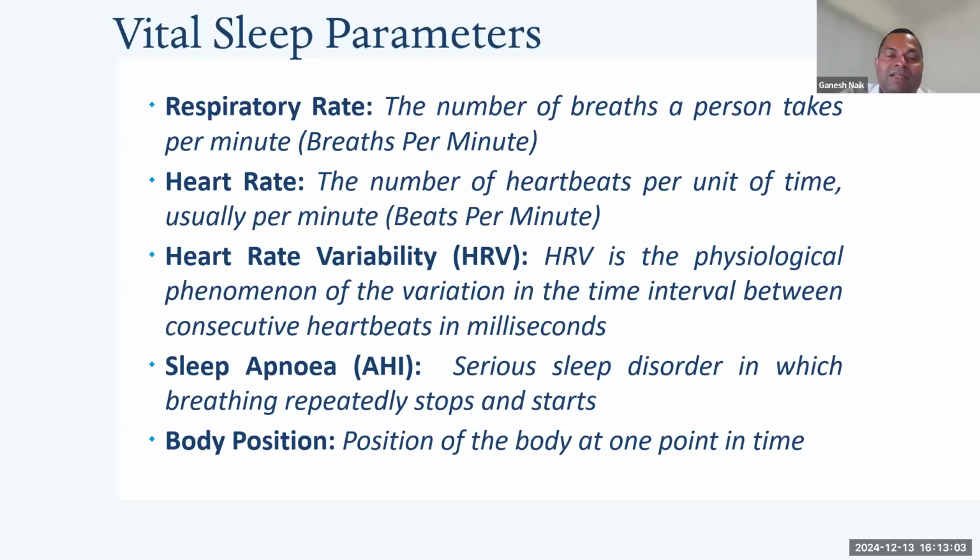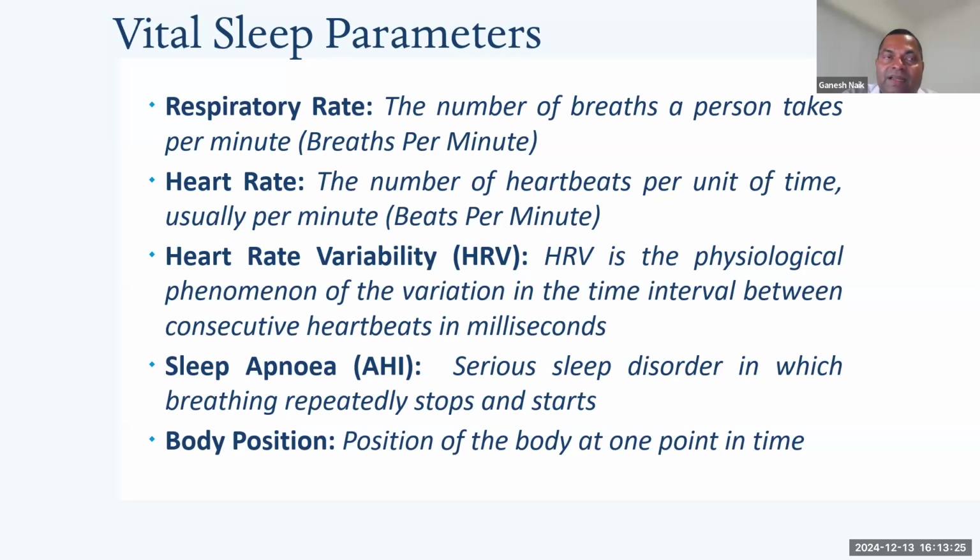Then the heart rate is the number of heartbeats that a person has per minute. That is, it's per unit of time. So that's called beats per minute. And then the variability in the heart rate itself, we call it HRV.